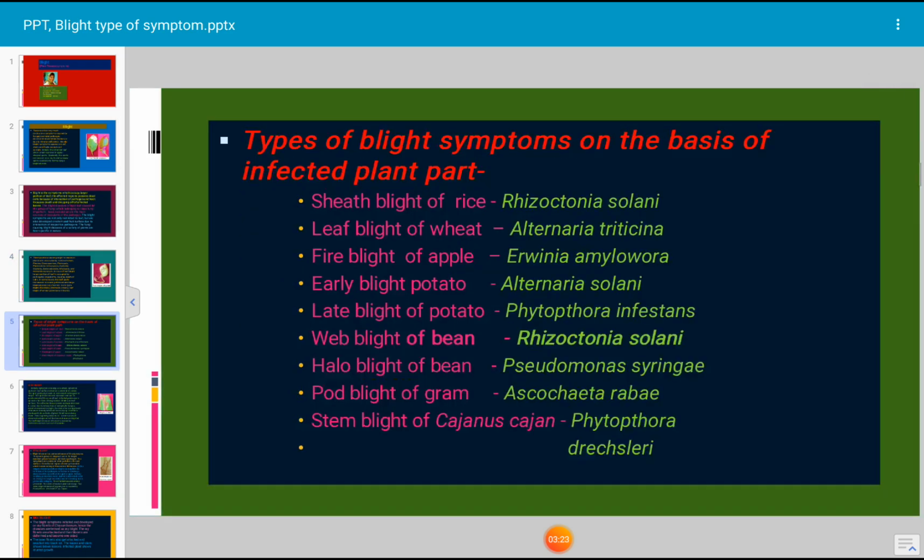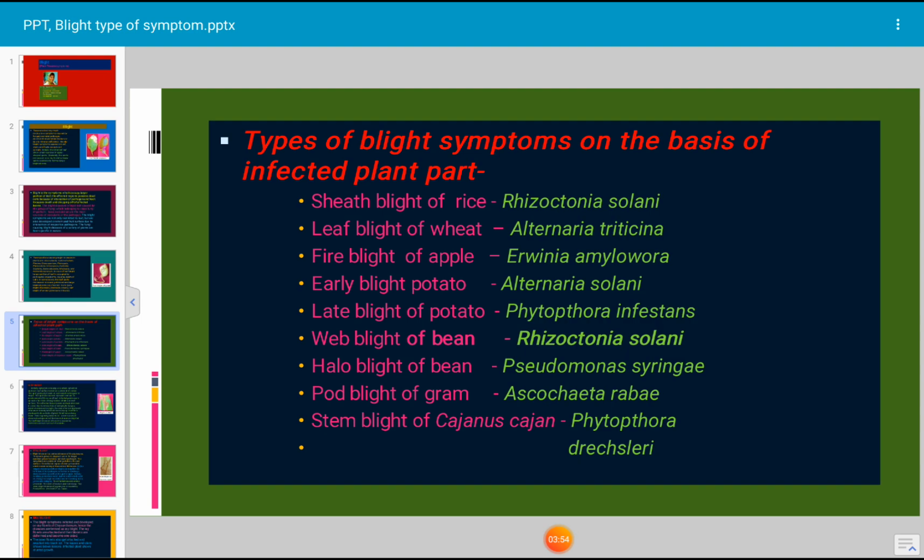And next slide. These are the types of blight symptoms on the basis of infected plant part. Sheath blight of rice which is caused by Rhizoctonia solani. Leaf blight of wheat which is caused by Alternaria triticina. Fire blight of apple, it is caused by Erwinia amylovora. Early blight of potato which is caused by Alternaria solani.